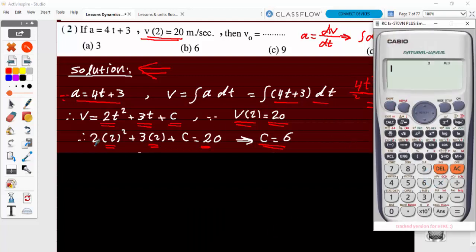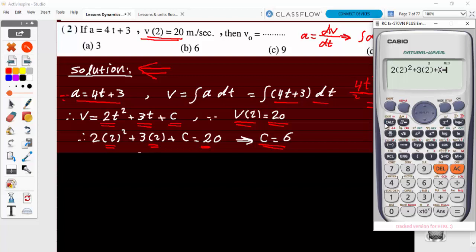When you use a calculator, you can use this method. Here we have 2 multiply 2 power 2 plus 3 multiply 2 plus c, it is x, equals alpha.